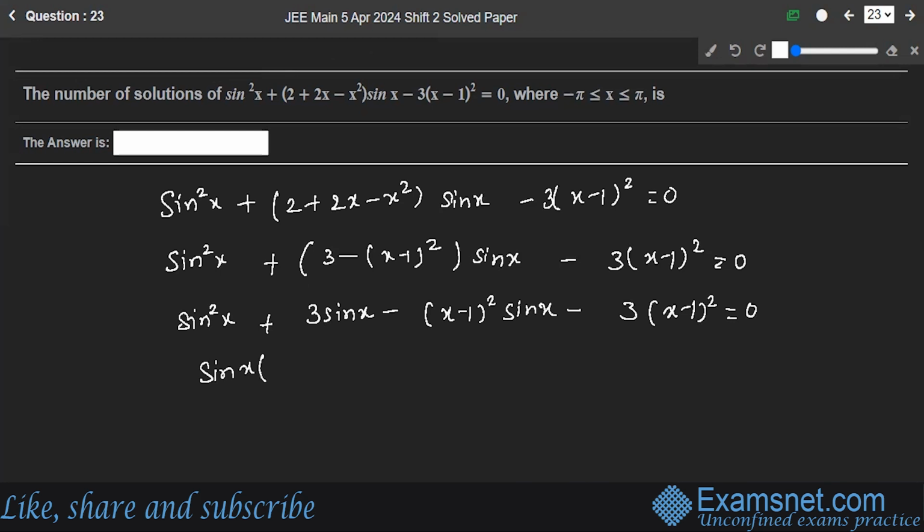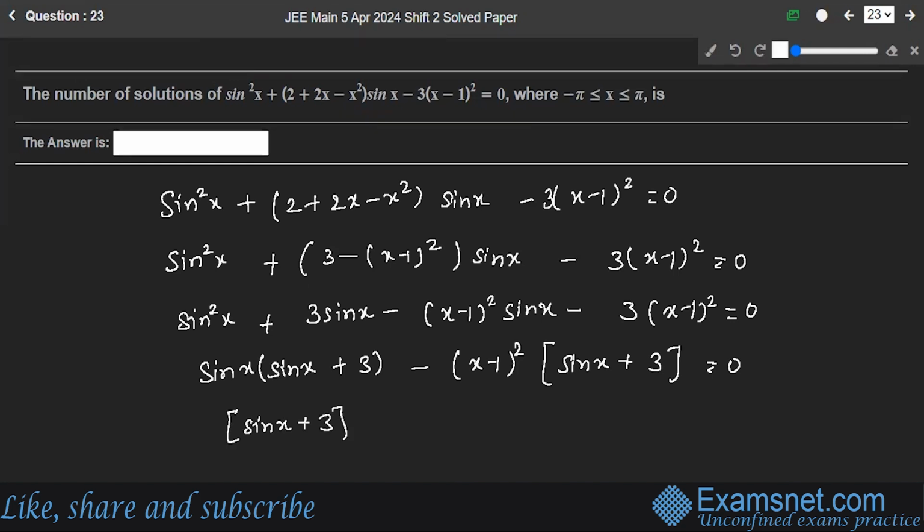Let's take sin x common from here. You will have sin x (sin x plus 3) minus (x minus 1) whole square. Again, you have sin x plus 3 over here. So the two factors will be sin x plus 3 and sin x minus (x minus 1) whole square is equal to 0, right?